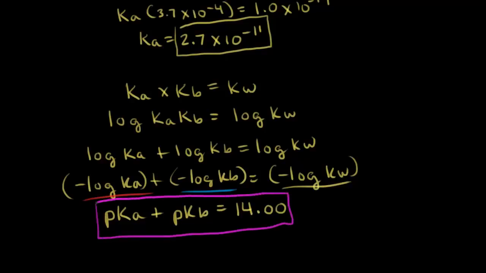And let's take the Ka value that we just found. Let's find the pKa. Right? So the pKa would be equal to the negative log of 2.7 times 10 to the negative 11. So let's do that on our calculator here.